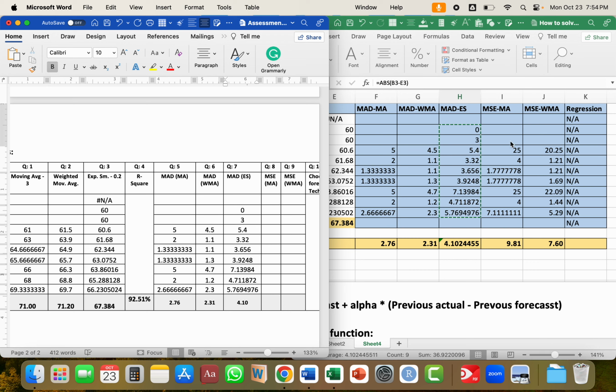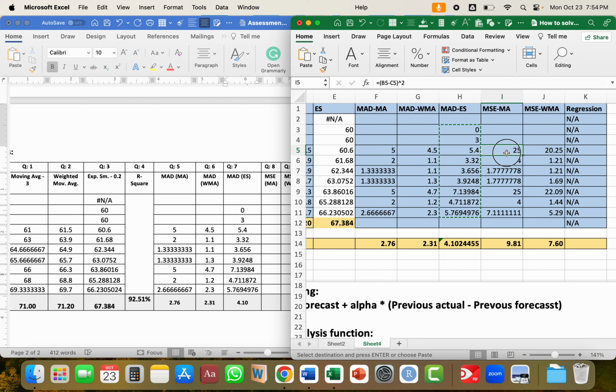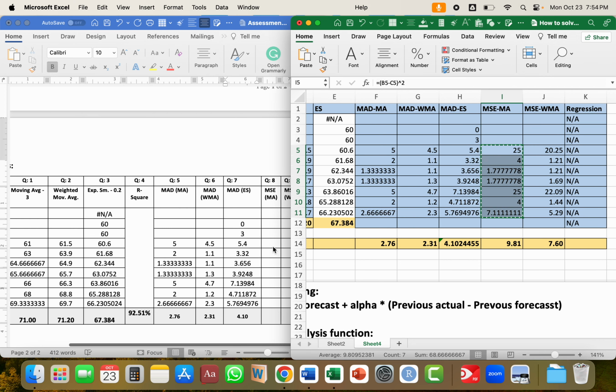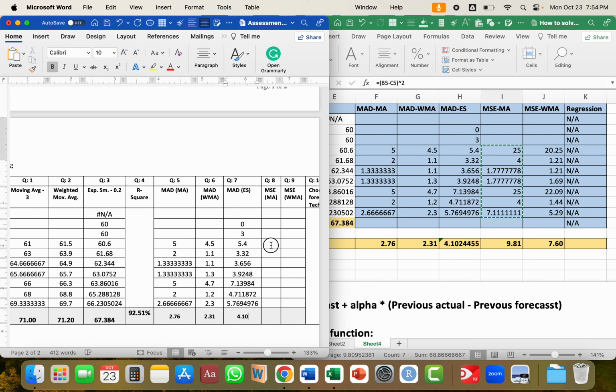And for MSE using moving average, I will copy this part first, and our answer is 9.81.